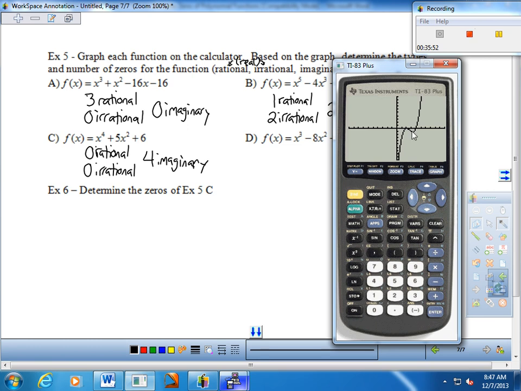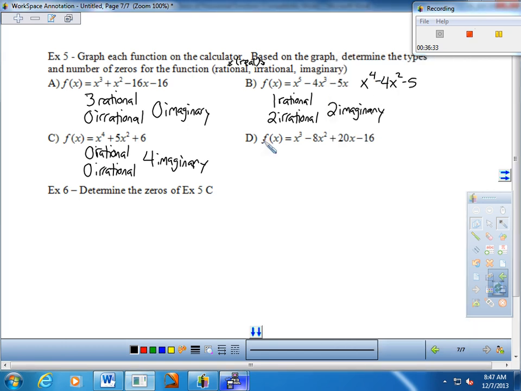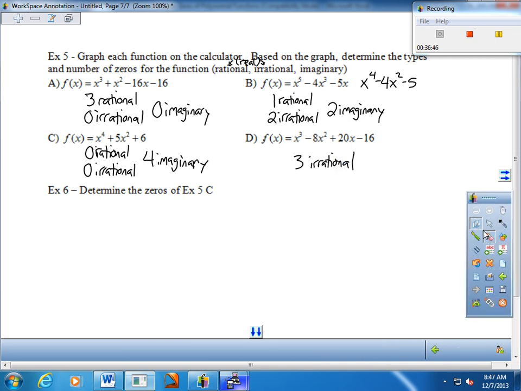So a double on the 2, and then one at the 4. 2 and 4 definitely are on the P over Q list. So even though this is a touch, it does count twice for the 3 zeros, and the other one was a single. So it looks like a double on the 2, single on the 4, and those are all, oops, let me get that right for you. I was thinking one thing, wrote another. Rational. All right, looks great.